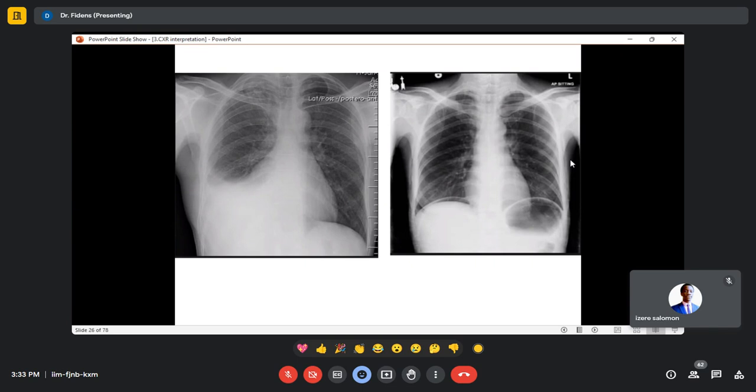About bones, as we have seen, we have to look if there is any fracture, any lesion of the bone. I'm seeing no fracture. There is no lytic lesion. There is no bone deformity.